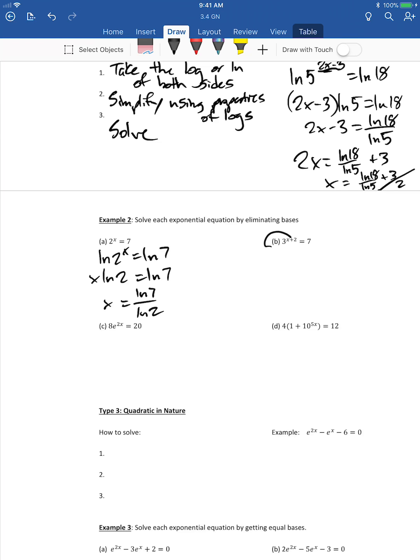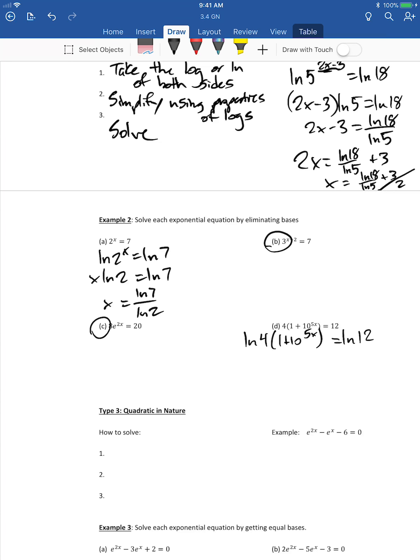I would like you to try B and C. I'm going to do D. This is a particularly challenging problem, so I love it. I'm looking forward to doing this again. First, I take the natural log of both sides.